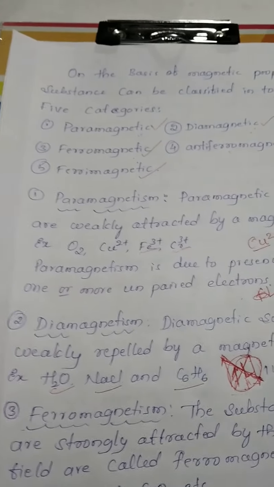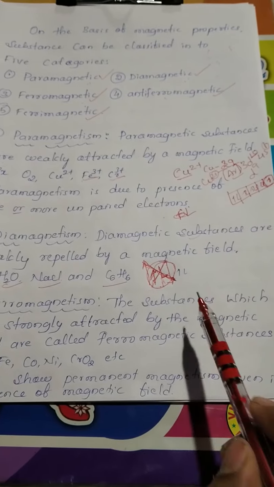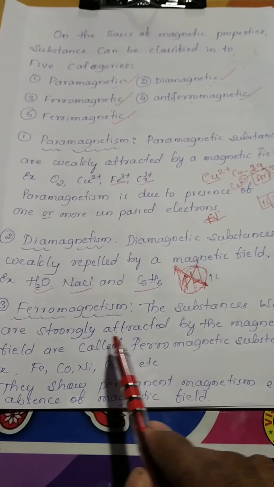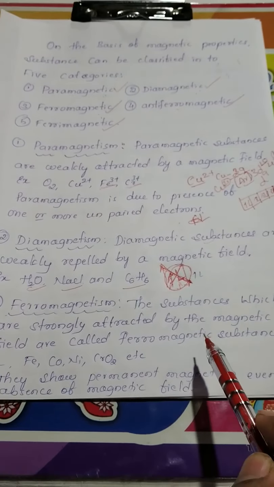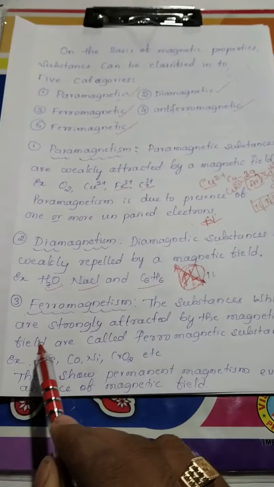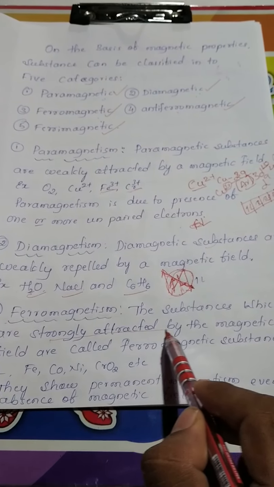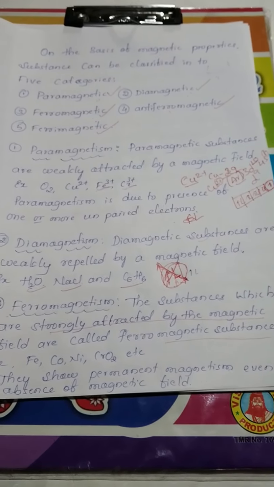Next is ferromagnetism. These are the substances which are strongly attracted by the magnetic field, called ferromagnetic substances.